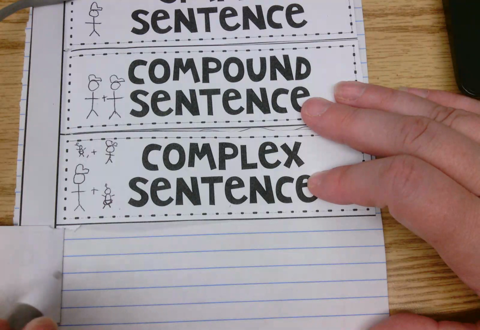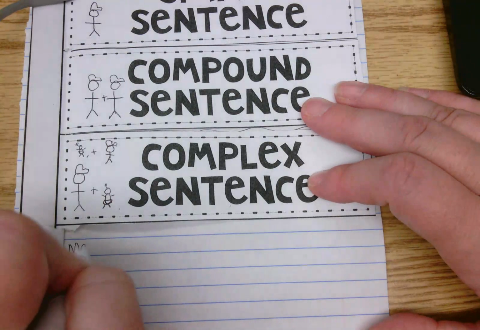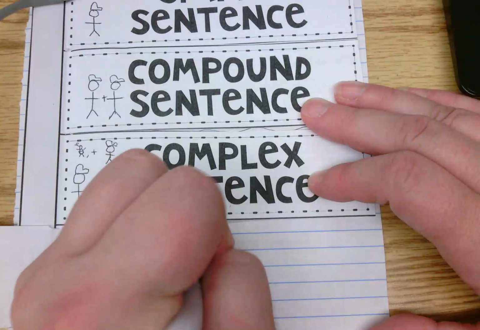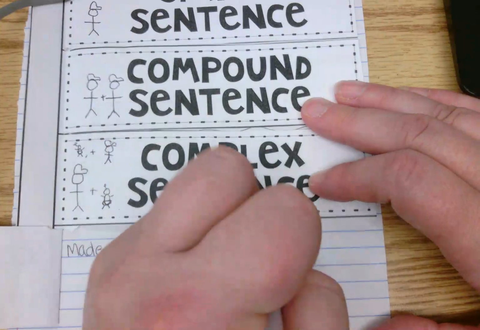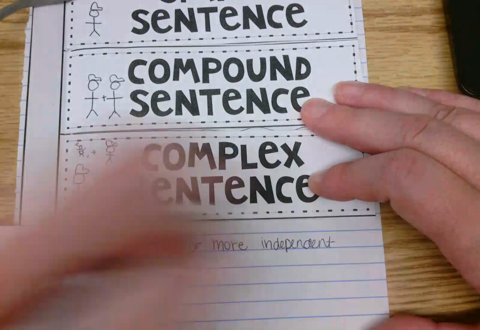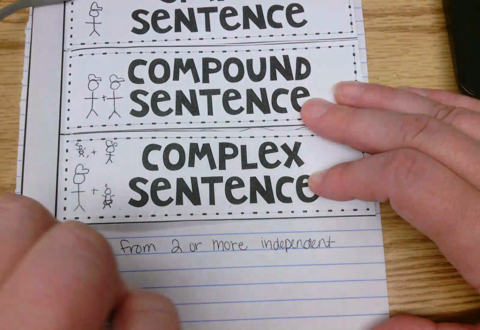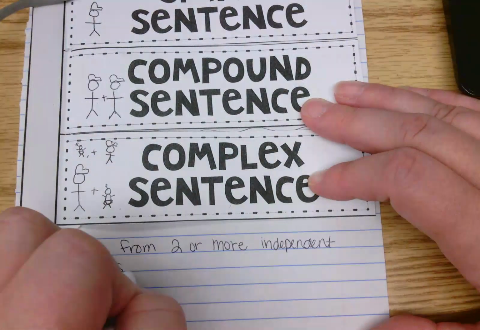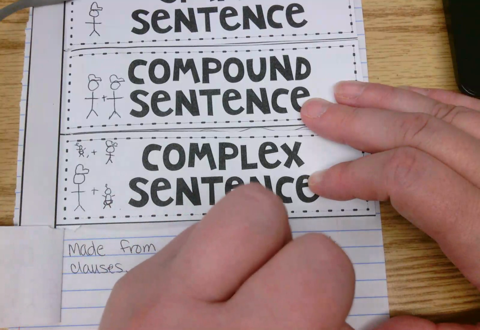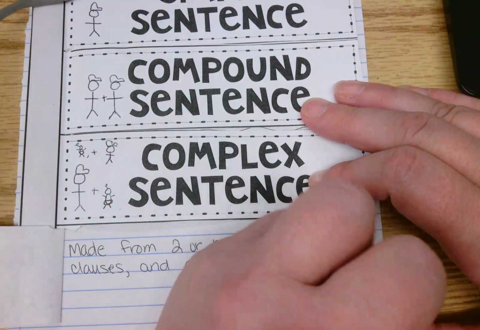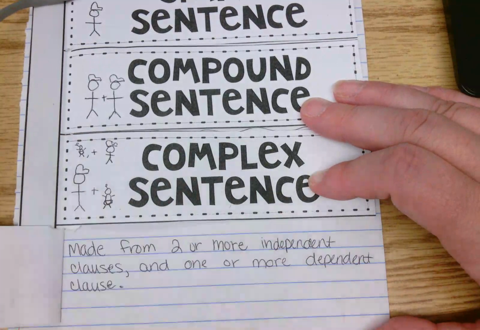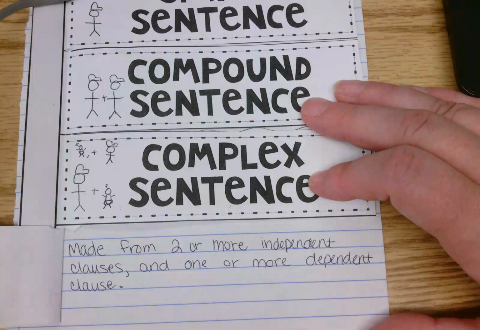So a compound complex sentence is made from two or more independent clauses and one or more dependent clauses.